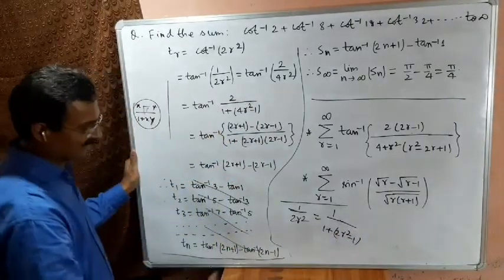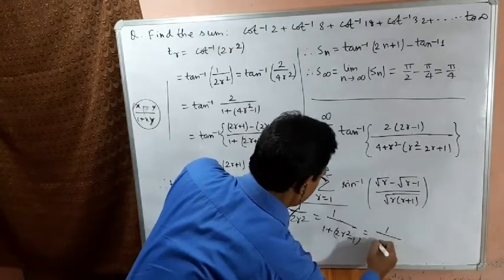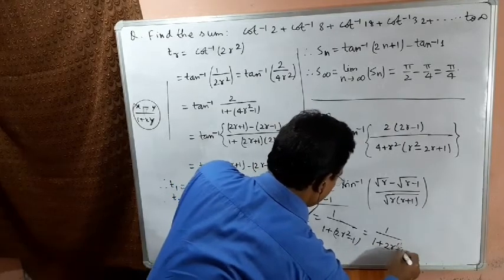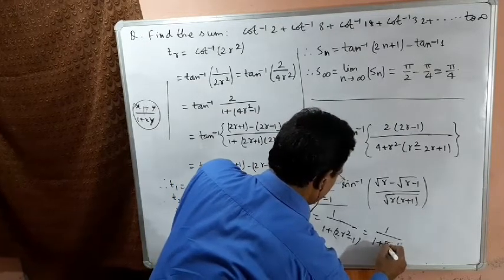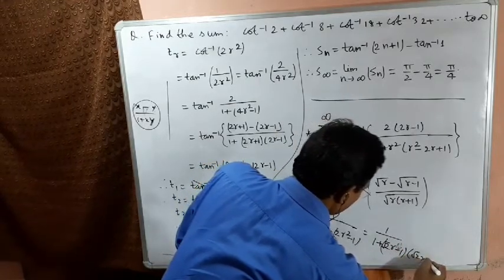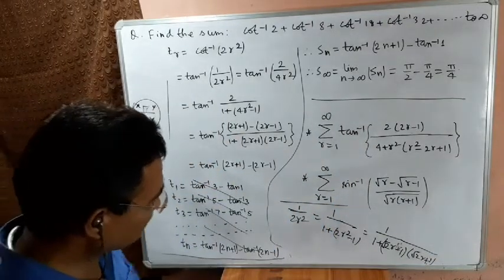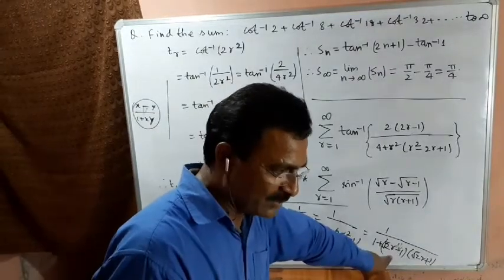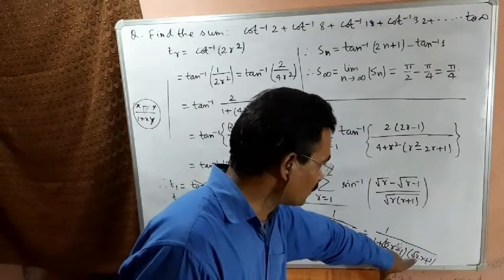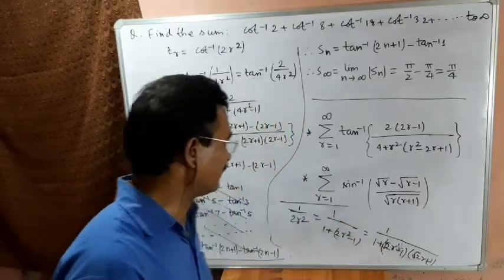But then 2r square minus 1 factorizes as root 2r minus 1 and root 2r plus 1. You may see this is a factor with an irrational coefficient, and the difference between these two, root 2r plus 1 minus root 2r minus 1, will give 2, but in the numerator there is 1.